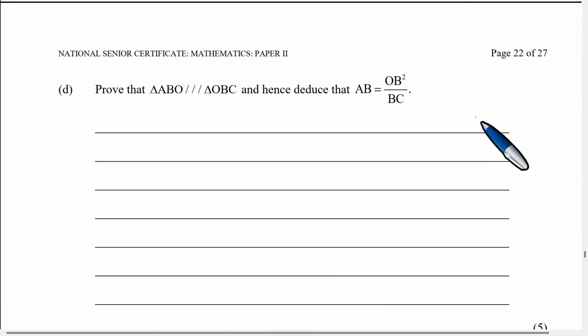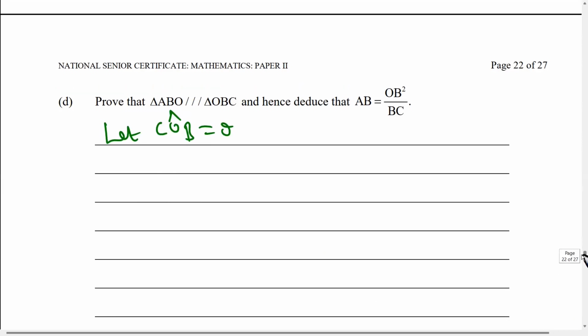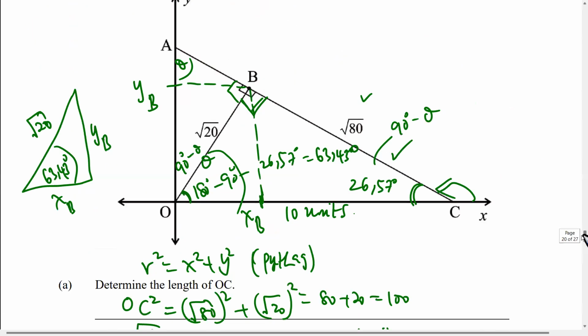So which means, like we saw, if we let angle COB be theta, we have AOC then B. See that?